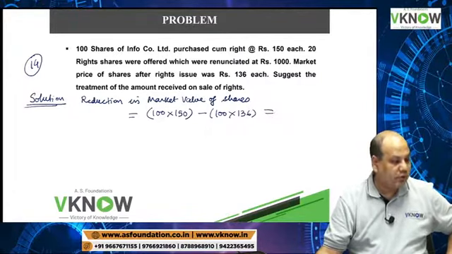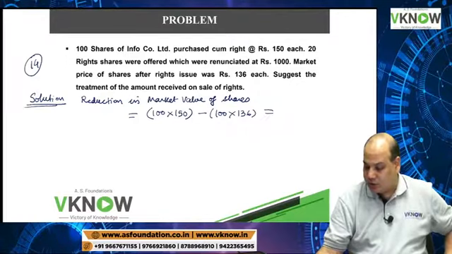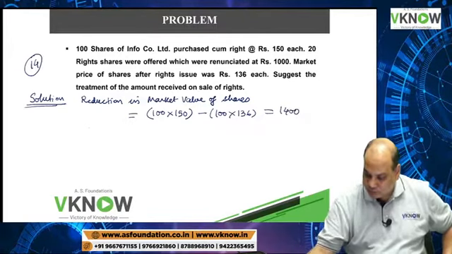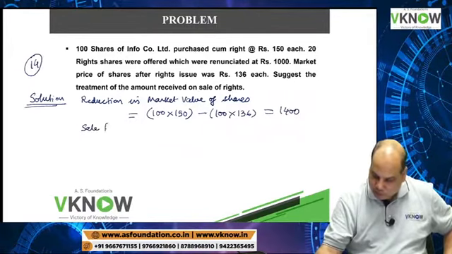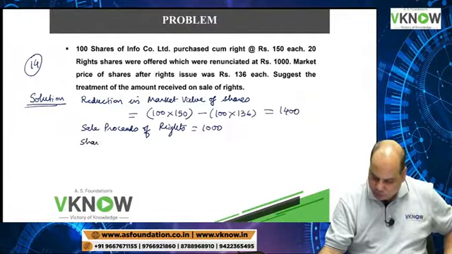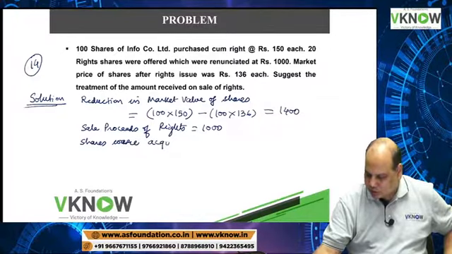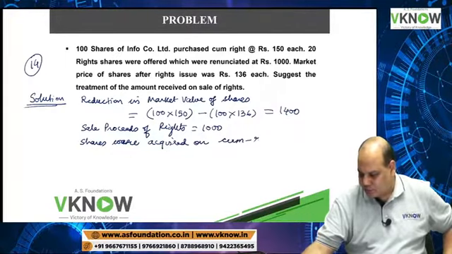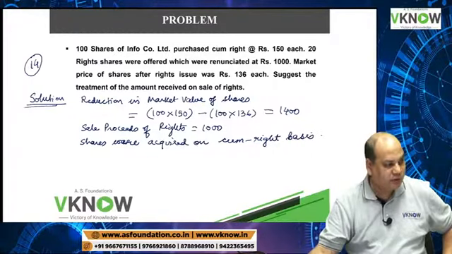So tell me the answer. 100 into 150, 15,000 minus 13,600, should it be 1,400? And what is the sale proceeds of right? Sale proceeds of rights is 1,000 only. Shares were acquired on cum-right basis.